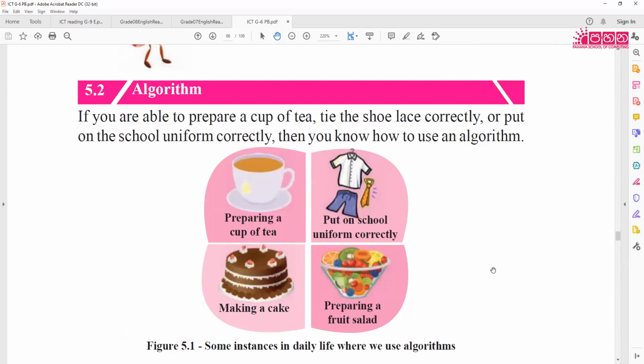Now, solving a problem, you have to know exactly how you are going to do it. Here are some activities: preparing a cup of tea, putting on a school uniform, making a cake, preparing a fruit salad. For all these, you need some sequence of actions you have to take, right?